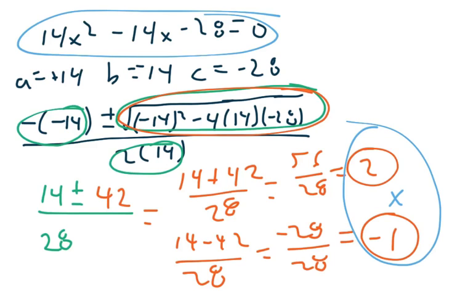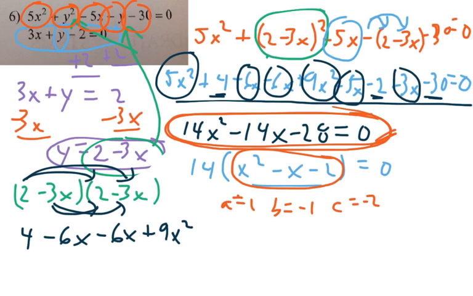So pause the video if you need to. Okay, so now that we know x could be equal to 2 or negative 1, right? So x could be 2 or x could be negative 1.